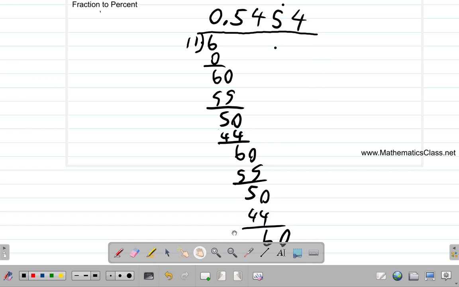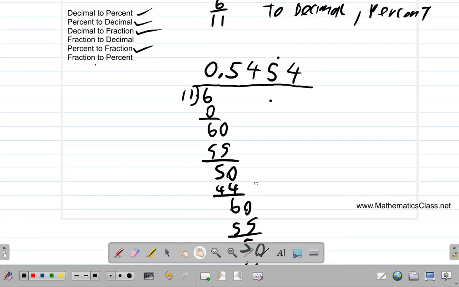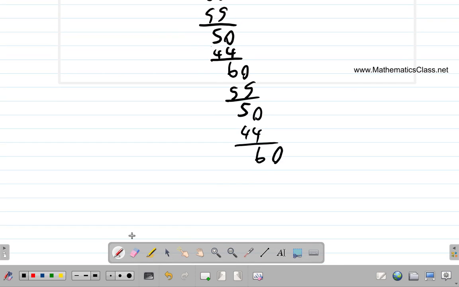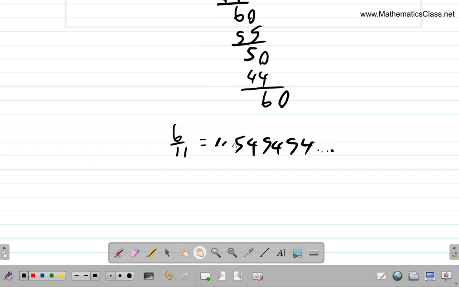You can see that for this number, 6/11, the decimal digits are 5, 4, 5, 4, 5, 4, and you go on and on like that. The same pattern repeats. So the numbers keep repeating themselves. One way you can write it is 0.54 with a line above it.